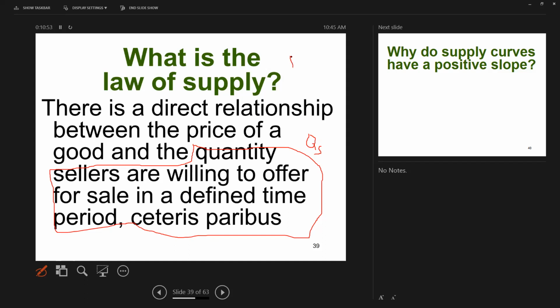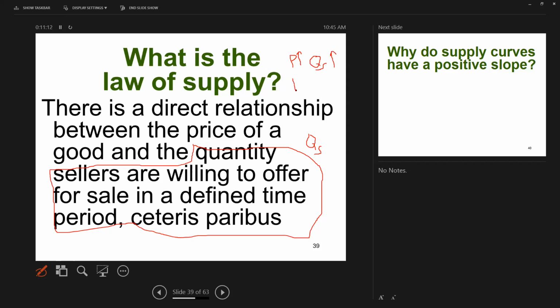So if price goes up, there is a direct relationship between price and quantity supplied. It's going to go up also.